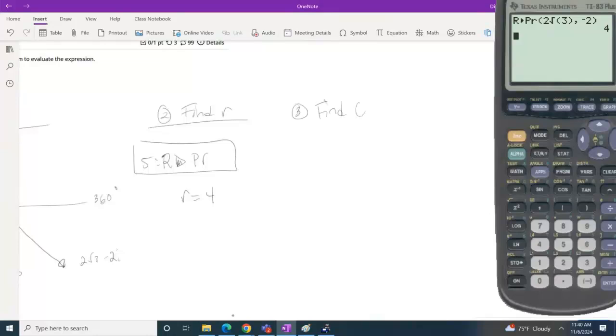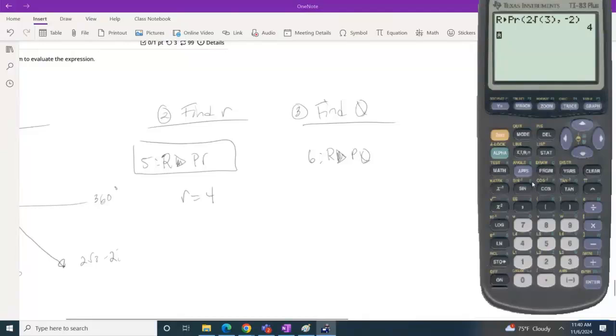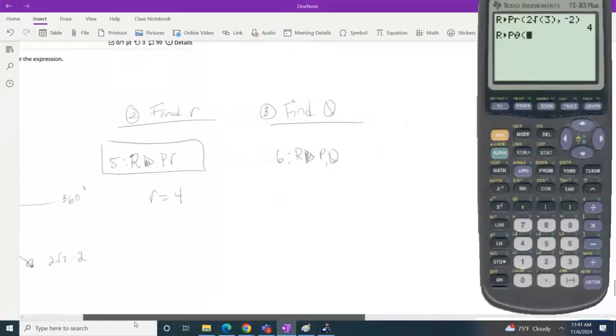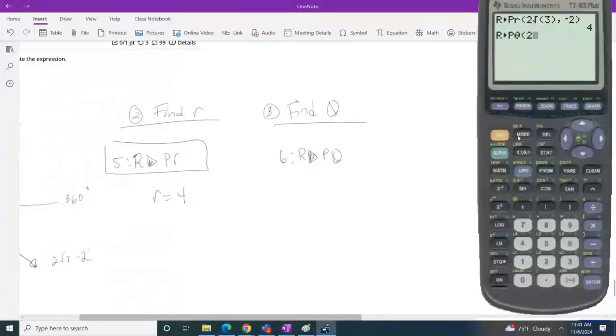The next thing we're going to do is find theta. I'm going to use the 6th function. If I go back in the angle menu, I'm going to use the 6th function. I'm going to put in x, which is 2 times the square root of 3.